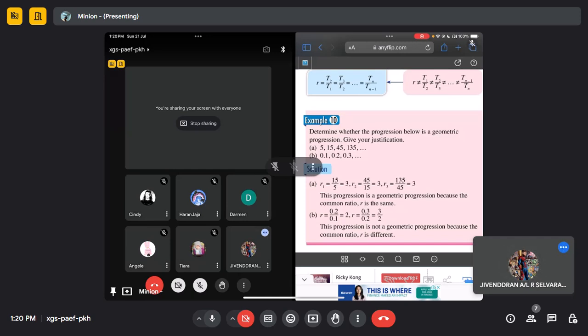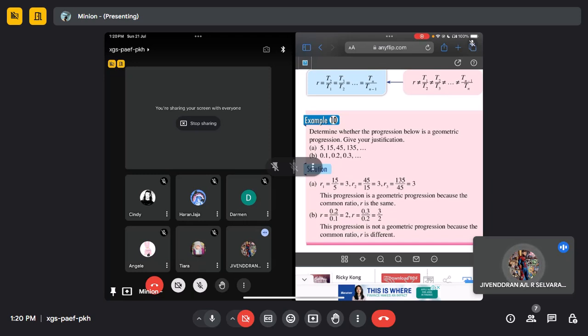Okay. So for B, 0.1, 0.2, 0.3 and so on. We do the same thing: we take term 2 divided by term 1, so 0.2 divided by 0.1, we get the ratio 2. Then we take term 3 divided by term 2, 0.3 divided by 0.2, we get 3 over 2.